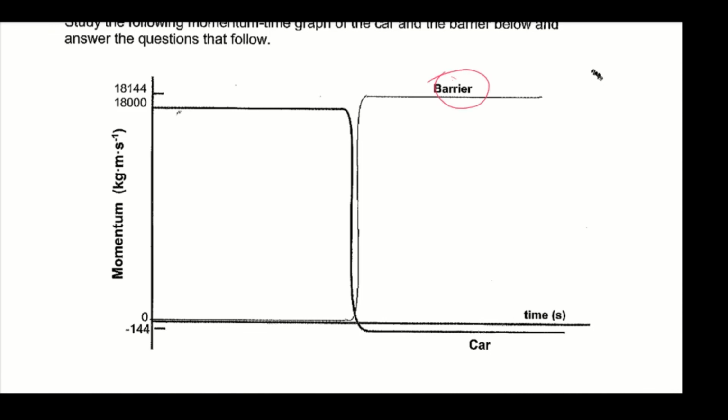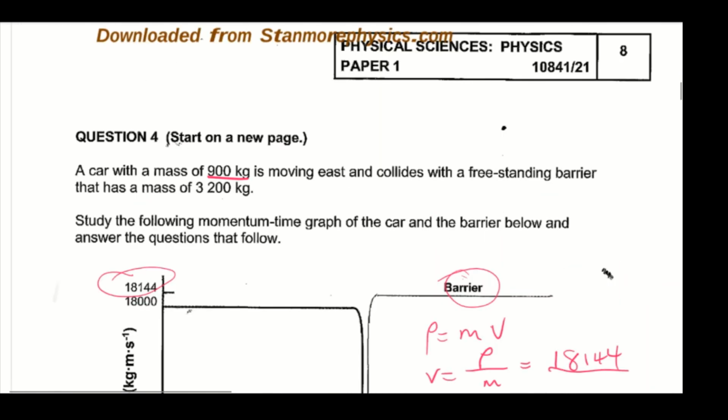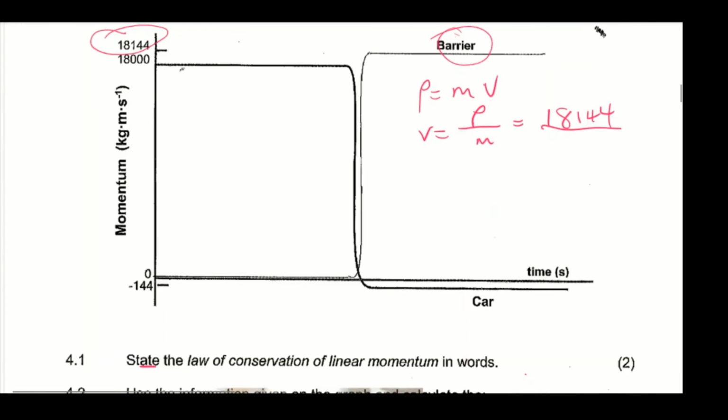And the velocity of the barrier, we know its momentum, so P equals M times V, and V equals P over M, where P is 18144 divided by the mass, which we were given to be 3200. The velocity would equal 5.67 meters per second.